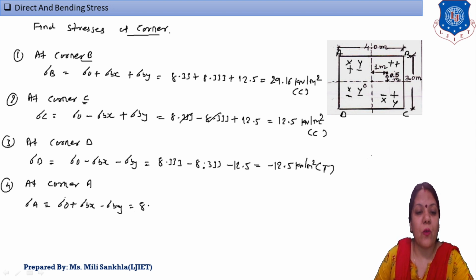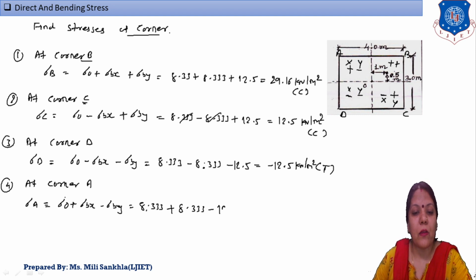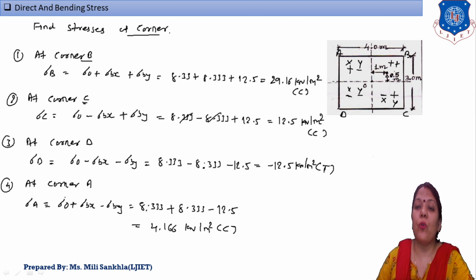Direct stress is equal to 8.33 plus 8.333 minus 12.5, which is equal to 4.166 kilonewton per meter square, and this is plus, so compressive value.